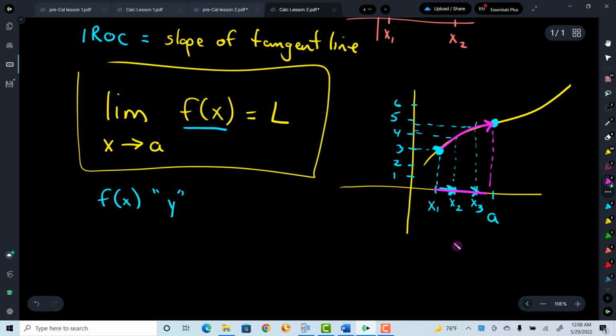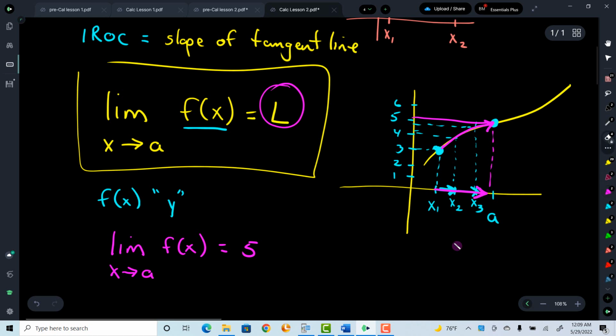As the x is getting closer and closer to a, what's happening to y? Well, in this case, y is approaching 5. So we would say the limit as x approaches a of f of x is equal to 5. So this number here, the actual value of the limit is actually the number that the function is approaching.